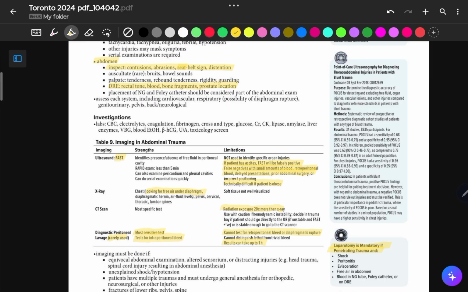Okay, so you can also use an X-ray. For abdominal trauma, you'll be looking for free air under the diaphragm. Obviously it doesn't show soft tissue. Okay, CT scan is the most specific test that you can use for abdominal trauma, and the radiation exposure is 20 times more than X-ray.